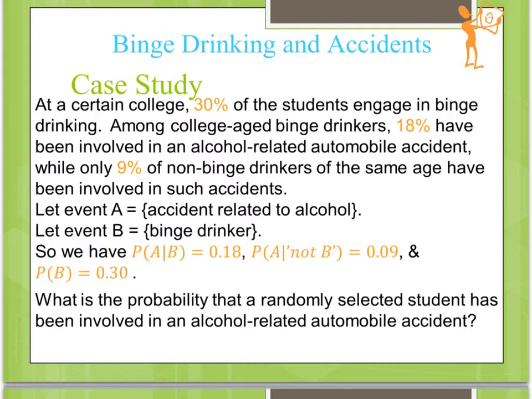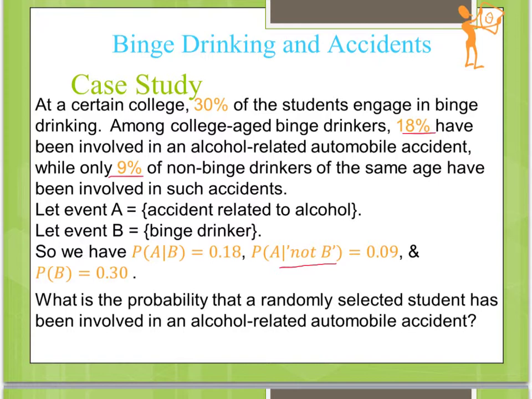The probability of A given B is 0.18, the probability that you've had an accident given that you're a binge drinker. Only 9% of non-binge drinkers have been in such accidents, the probability that you've had an accident given that you're not a binge drinker.